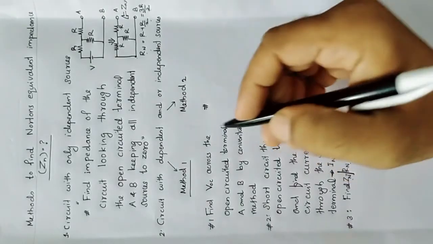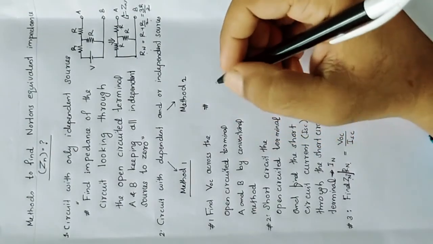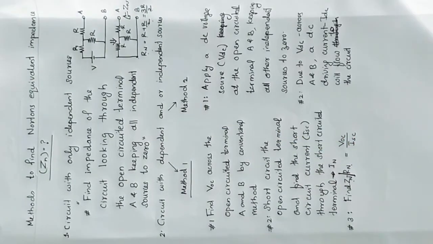In method 2, we follow these steps. We apply a DC voltage source VDC at the open circuit terminals A and B, keeping all other independent sources at zero. Due to the application of VDC at the open circuit terminals, a current will flow into the circuit from the source.